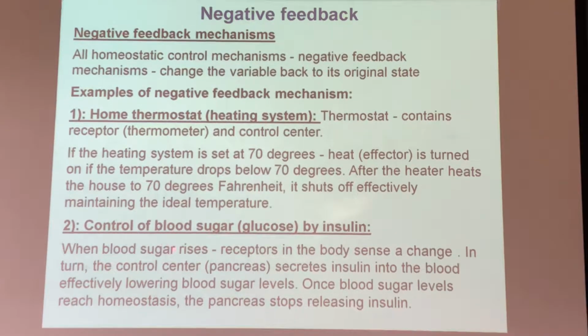But in human life, this is about your thermostat at home. So for example, blood sugar rises. It goes up, receptors in the body sense the change, that your sugar is more. So then the control center in the body for sugar is the pancreas. The pancreas releases insulin into the blood, which basically decreases the blood sugar.